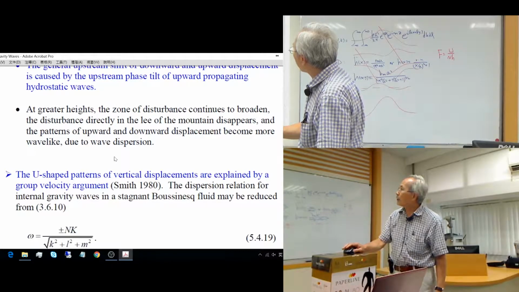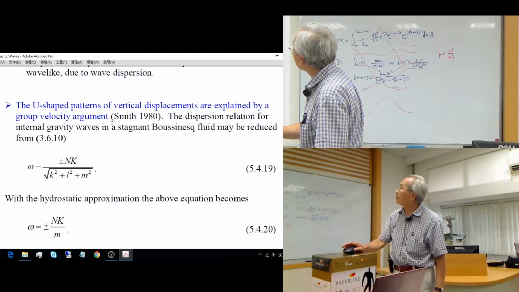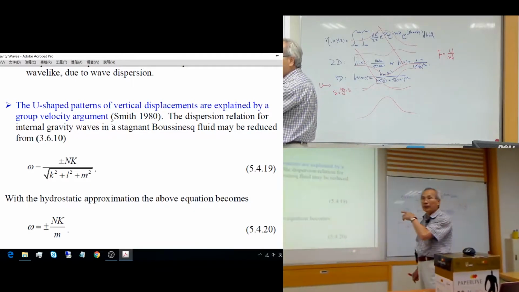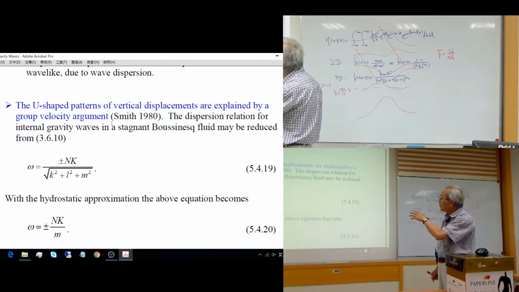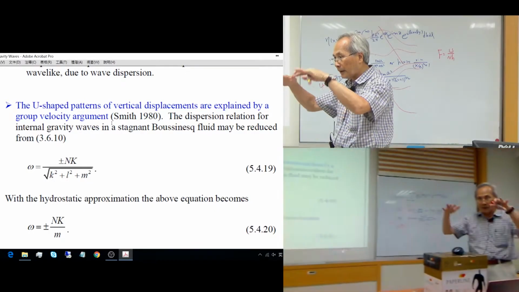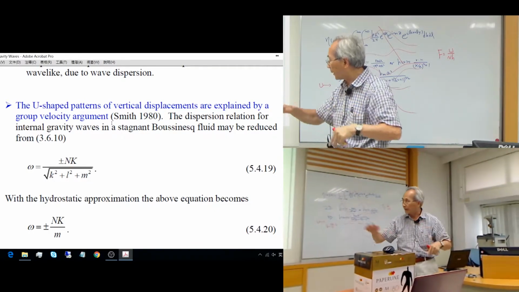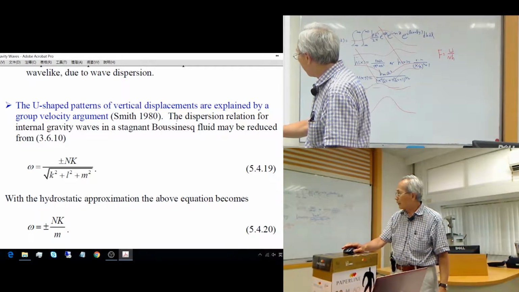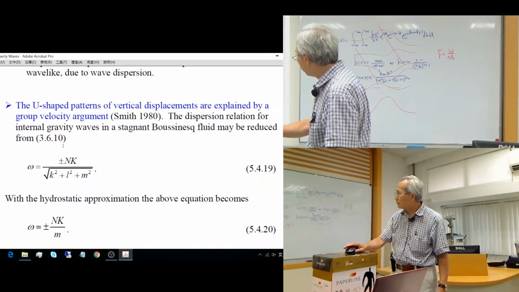The U-shaped pattern of the vertical displacements is explained by a group velocity argument. I don't think I have time to go over this, but I will at least go through the procedure. How do you get it? First, you base it on 3.6.10, and then we can reduce it.